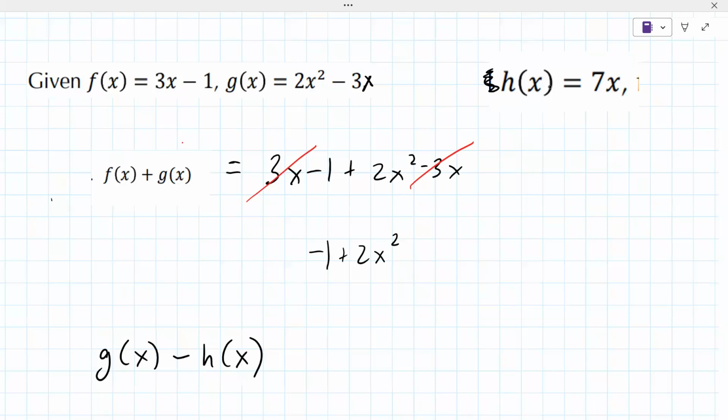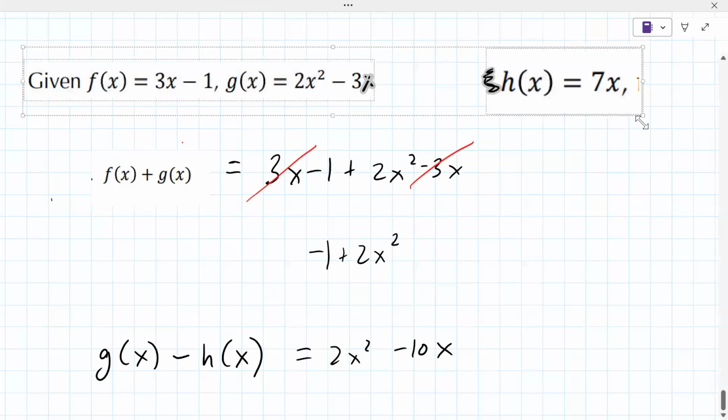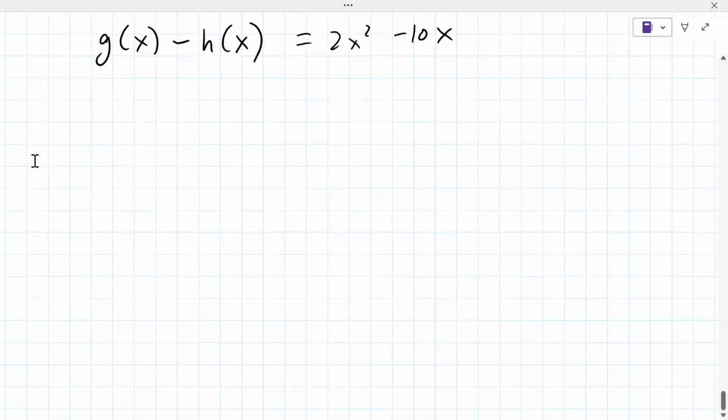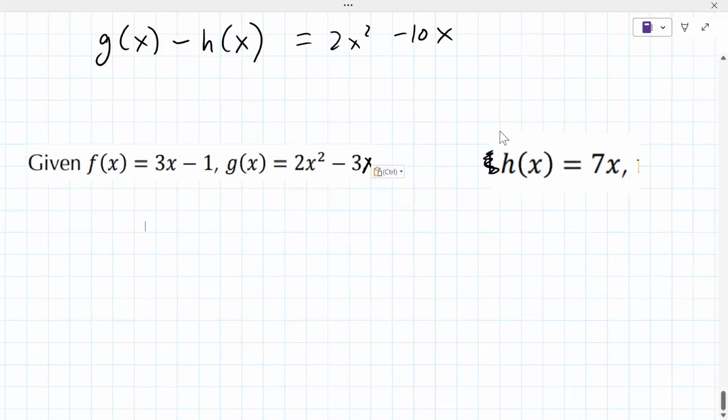So is it 2x squared minus 10x? And last one for this grouping. Actually, we'll do a couple here. Let's do f of x times h of x.